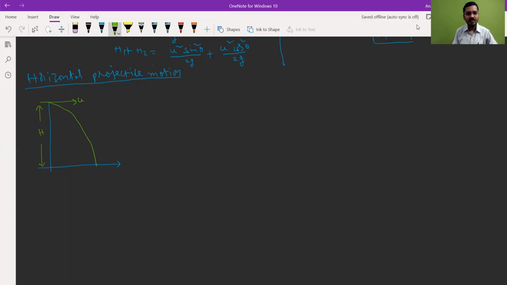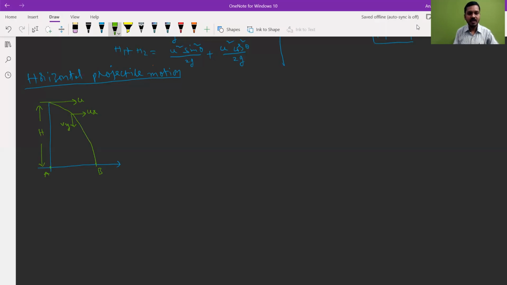Now the distance from point A to B is called the horizontal range. Just after time t seconds, I am drawing here the velocity along the x direction and the y direction. One is parallel to the x direction and the other is parallel to the y direction. Already the velocity along the y direction is 0, that's why I took uy equal to 0, and vy is calculated from v is equal to u plus at.